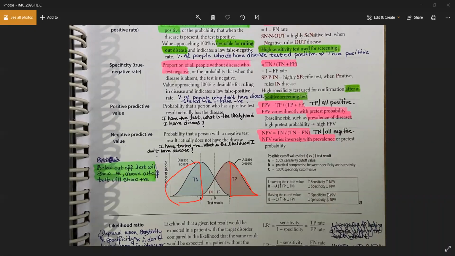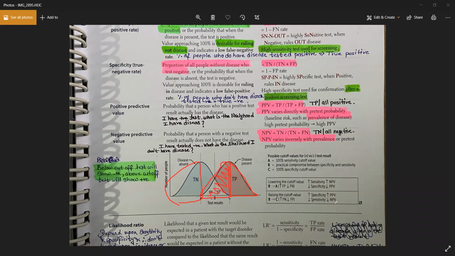But if the patient gets a negative result, which means this scenario, then there are very high chances that it could be a false negative, which means a very low negative predictive value.